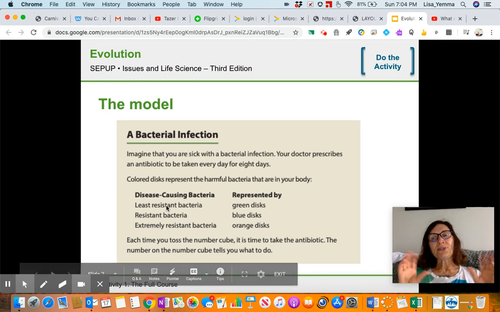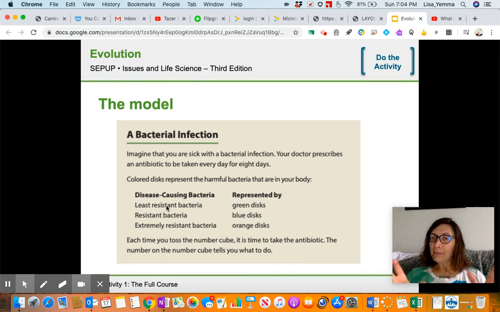So resistance is how strong I am in stopping the antibiotics from killing me. So if it's least resistant, I'm easily killed. Resistant, normally killed. Extremely resistant, real hard to kill.